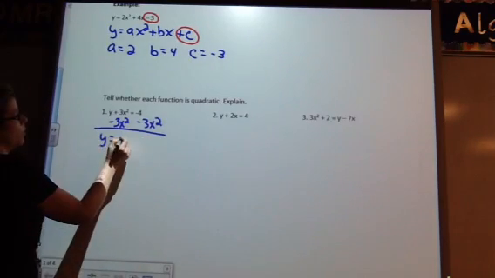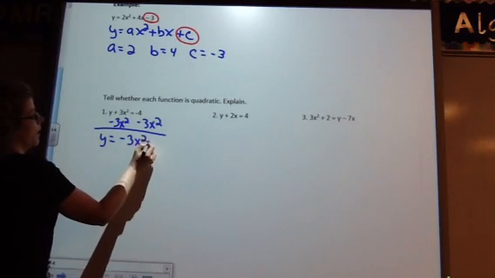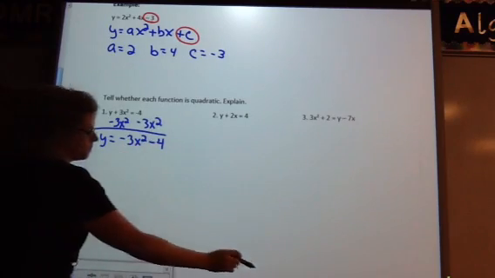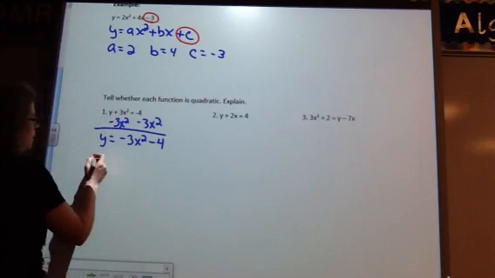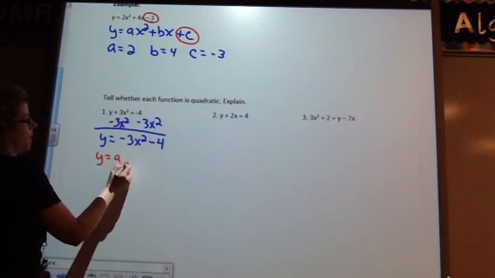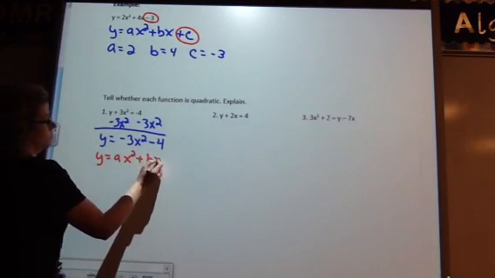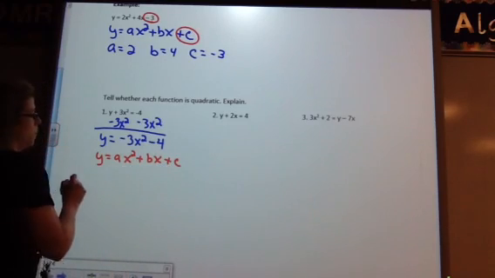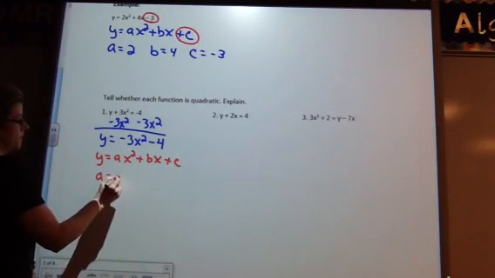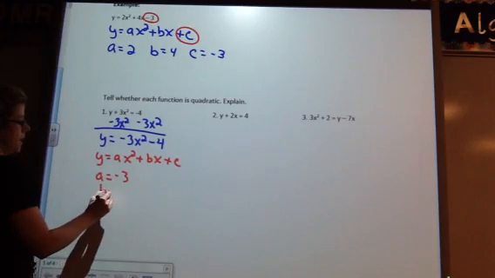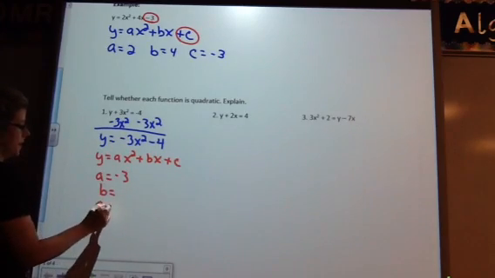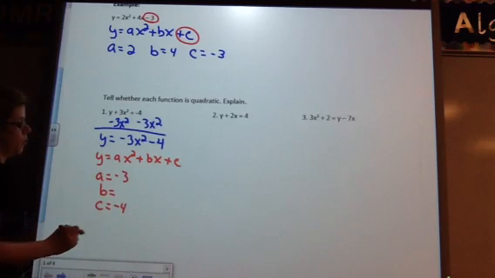So y equals -3x squared minus 4. So is this in quadratic function form? Well, our a is -3, b, let's wait on b here for a minute, and c is -4.